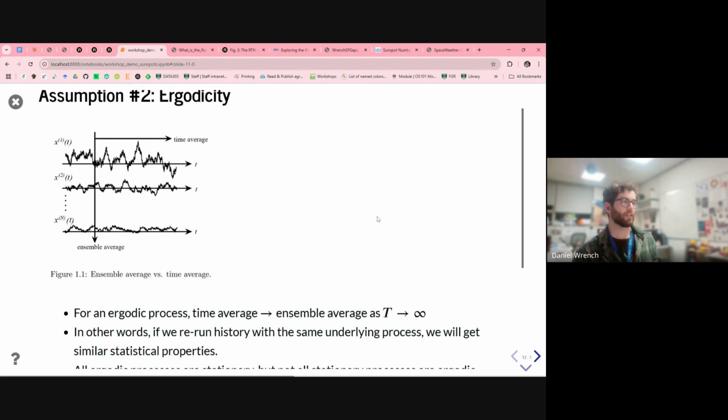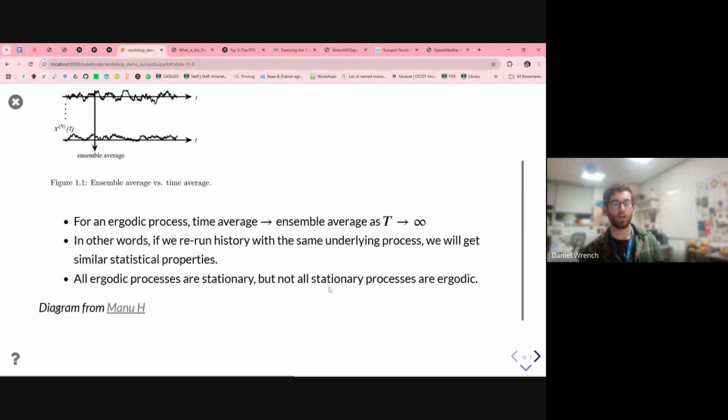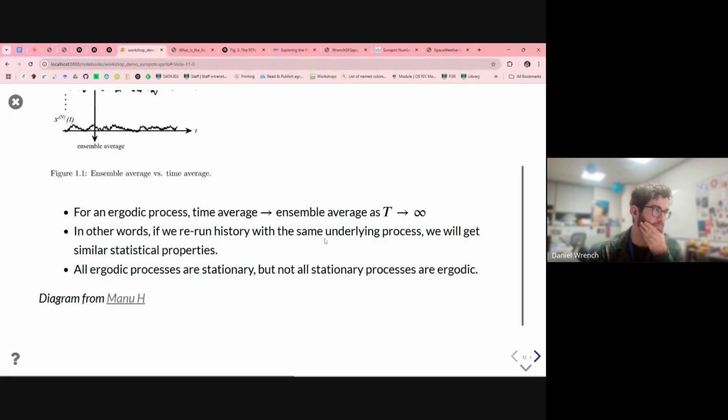Whereas ergodicity asks: are the statistics of an interval going to converge to what the underlying average is? So they're similar, and that is why all ergodic processes have to be stationary, but not all stationary processes are ergodic. Okay, so that's the relationship between those two factors.